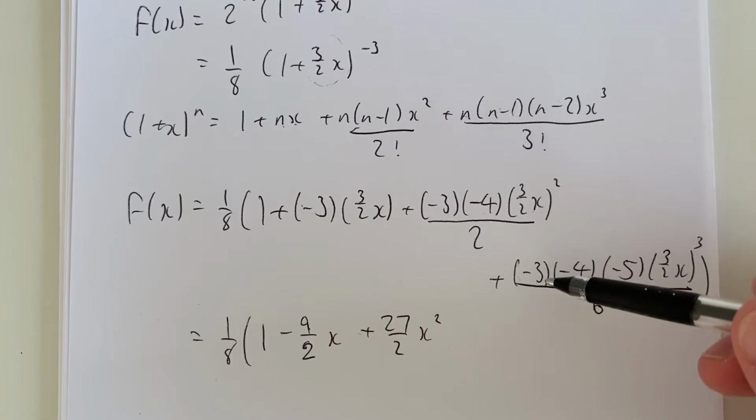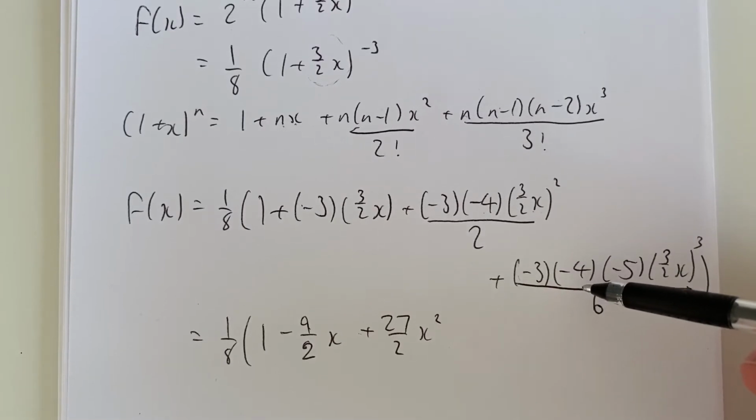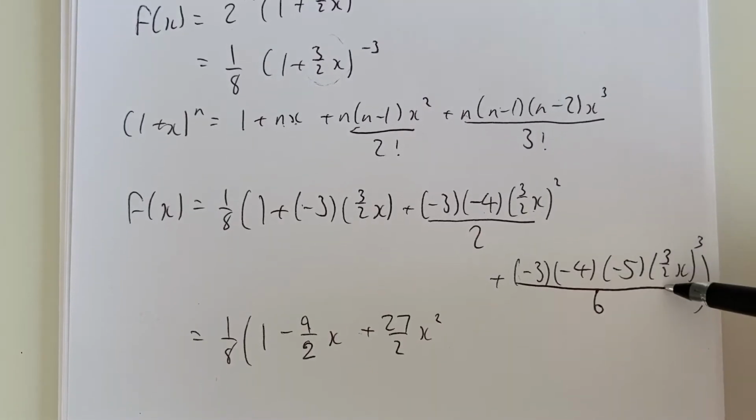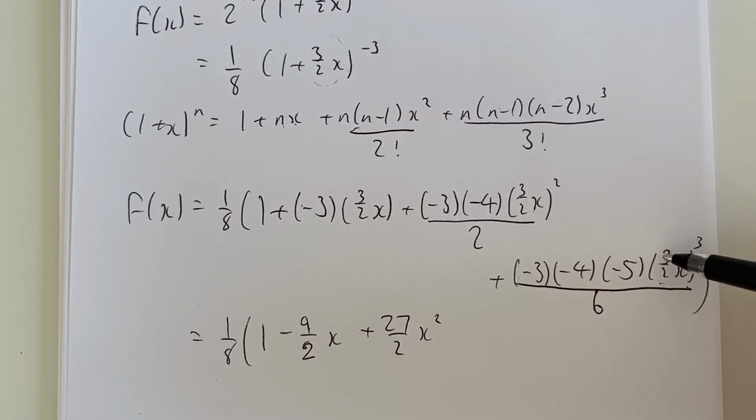So then we have minus 3 times minus 4, which is positive 12, minus 60 divided by 6 is minus 10, lots of 27 over 8, so minus 270 over 8, which would be the same as minus 135 over 4.